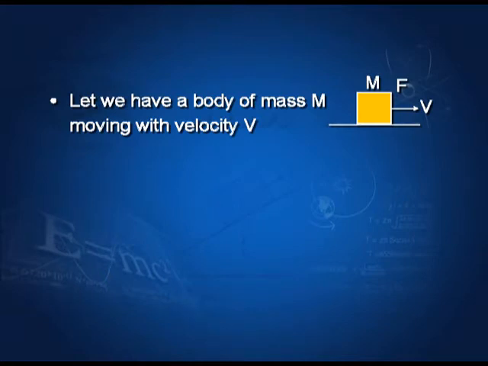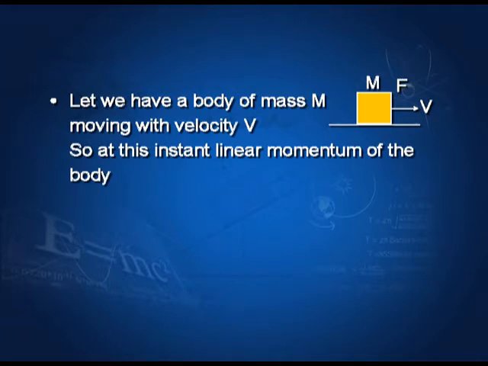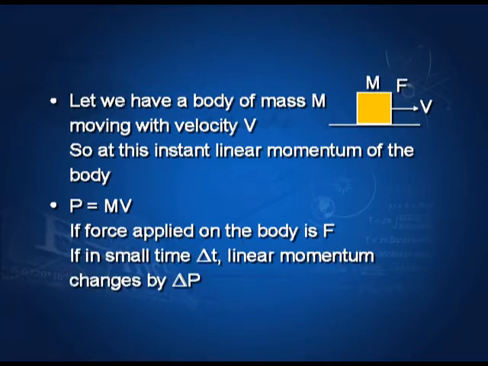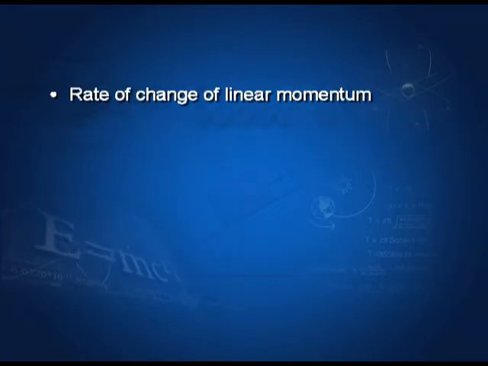Let we have a body of mass m moving with velocity v. So, at this instant the linear momentum of the body is mv. If the force applied on the body is F and in a small time delta t the linear momentum changes by delta p, then the rate of change of linear momentum is equal to delta p upon delta t.